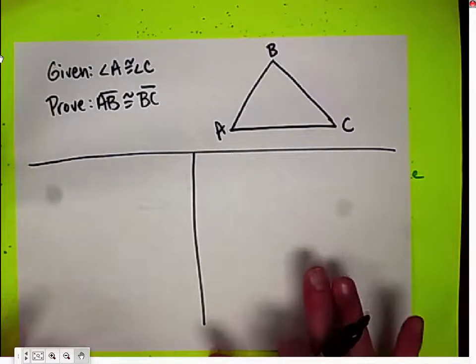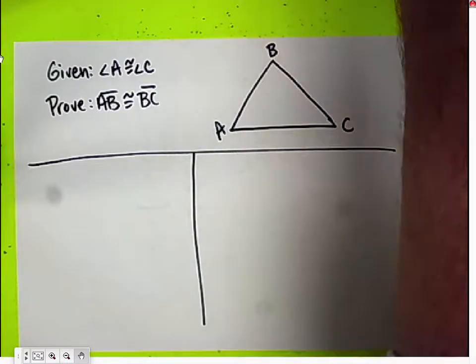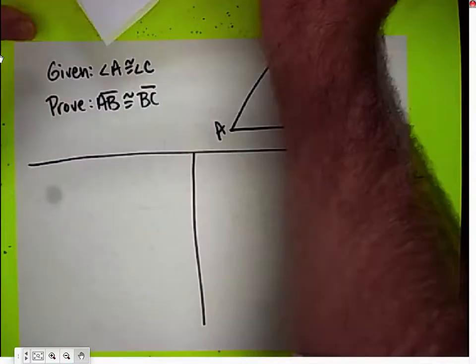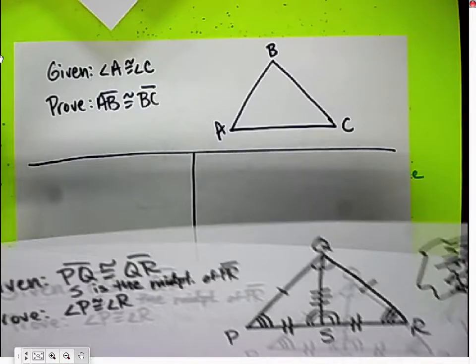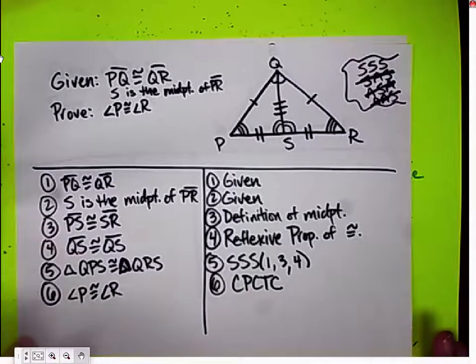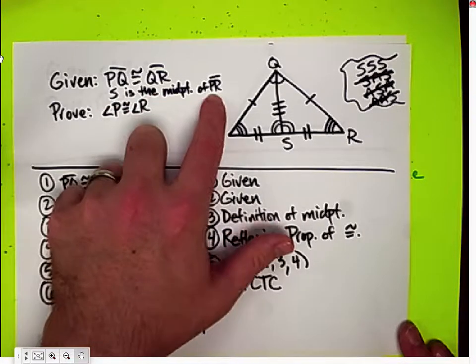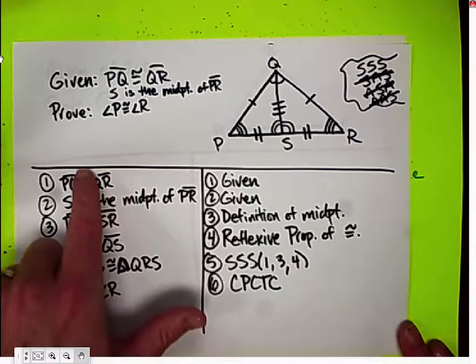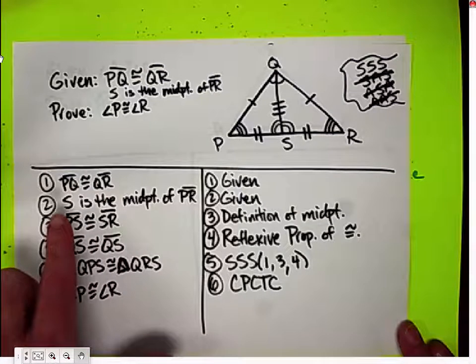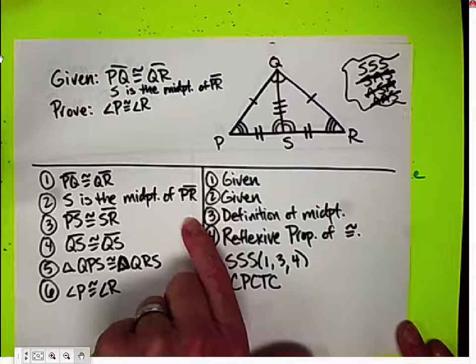So, now the one we just did, if you look back, it's proven in your book. And if you're looking back and you're confused and trying to study this later, your book does something a little different than I did. Instead of giving you that S is the midpoint, one of its steps is to draw the line QS so that S is the midpoint.